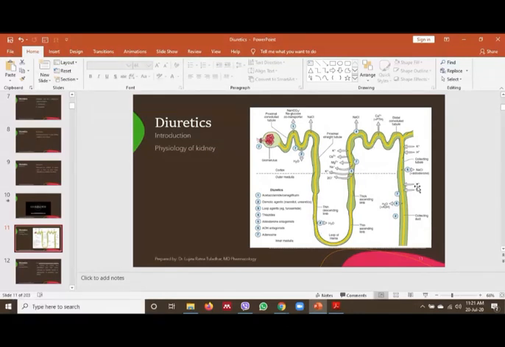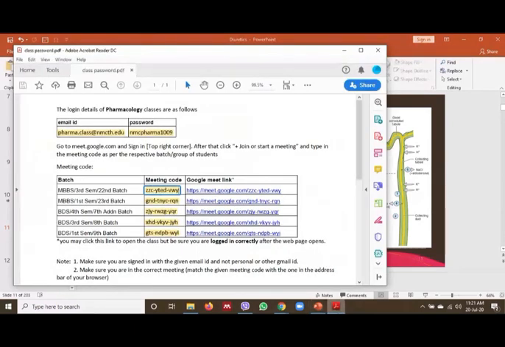Now when water is being absorbed from this site, instead of being absorbed and coming out over here, it will remain in the tubule itself. It cannot be absorbed.